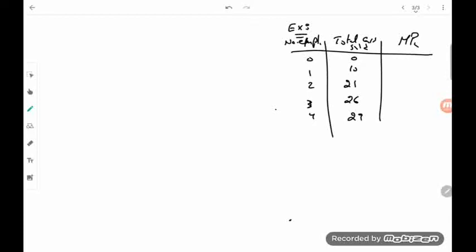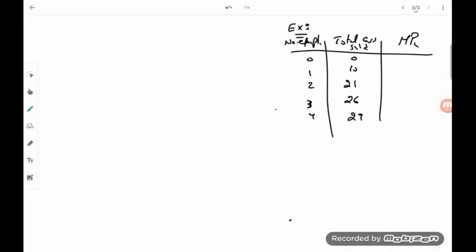So this means as the firm increases the number of workers employed from 0 to 1, total production of the firm increases from 0 to 10. As the firm adds one more worker, total production of the two employees together is 21 units, and so on.